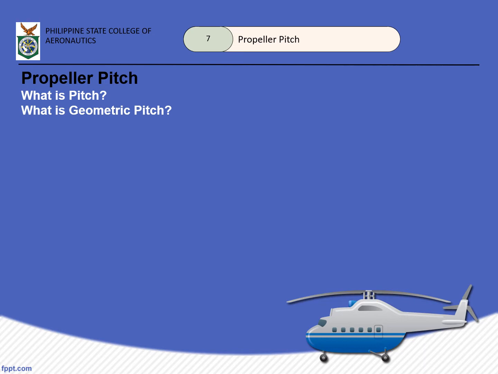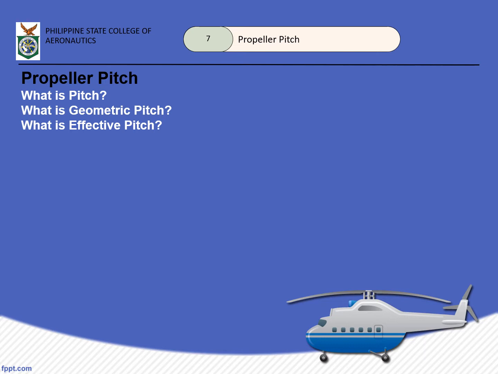So, saan binabase yung measurement niya? Its measurement is based on the propeller blade angle at a point out from the hub that is equal to 75% of the blade length. Now, anong difference niya sa ating effective pitch? Effective pitch is the actual distance a propeller moves forward in one revolution.